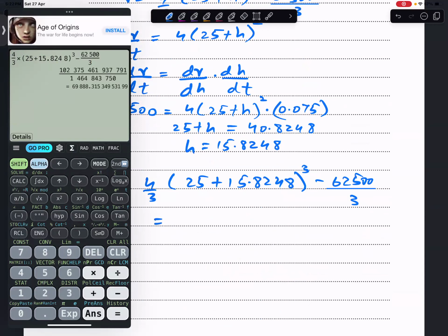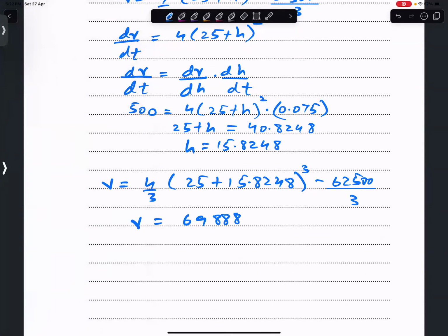So the volume will be 69888. This is the value of v.